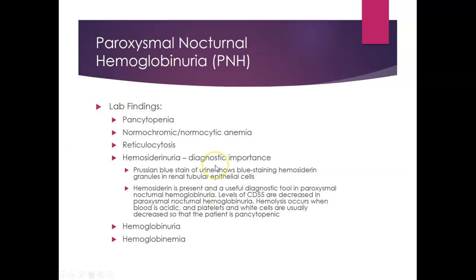So that's very important. Hemosiderin is present and a useful diagnostic tool in paroxysmal nocturnal hemoglobinuria. Levels of CD55 are decreased in PNH, and hemolysis occurs when the blood is acidic, and platelets and white cells are usually decreased. So they're pancytopenic as well. We do see hemoglobinuria and hemoglobinemia.